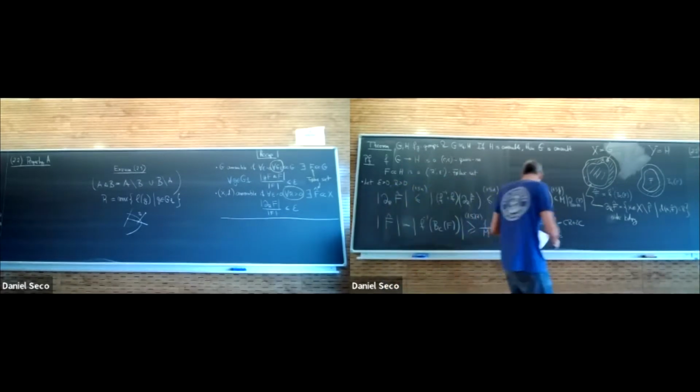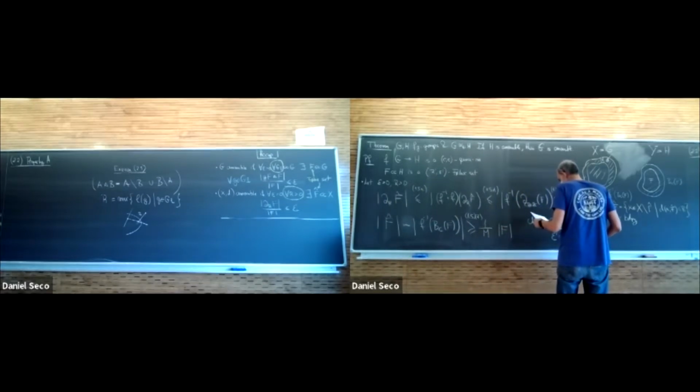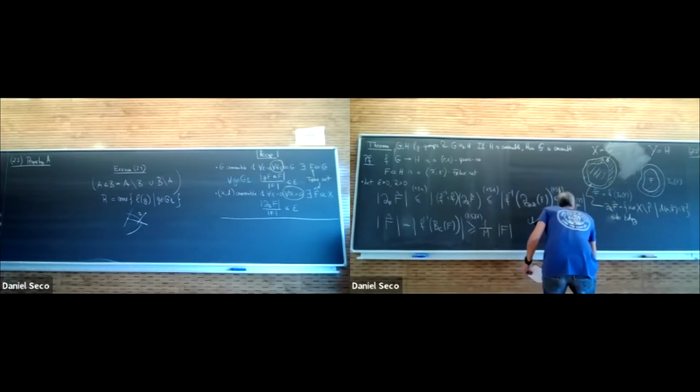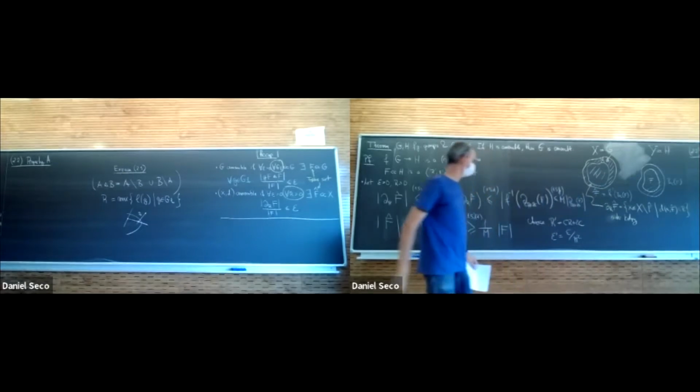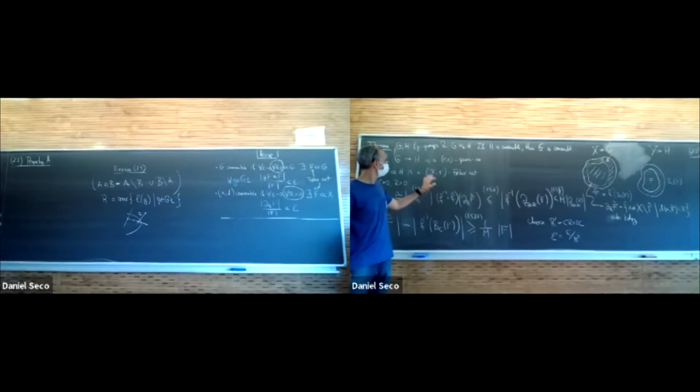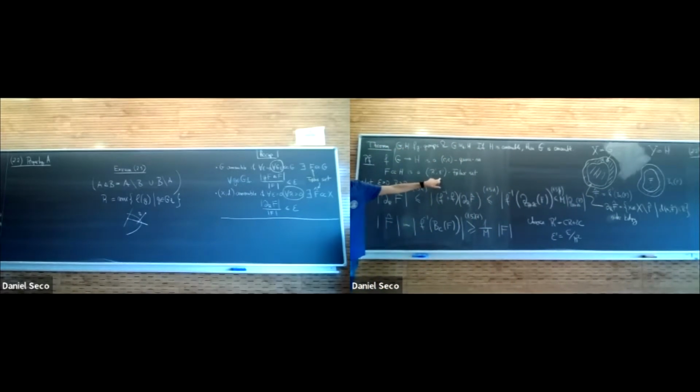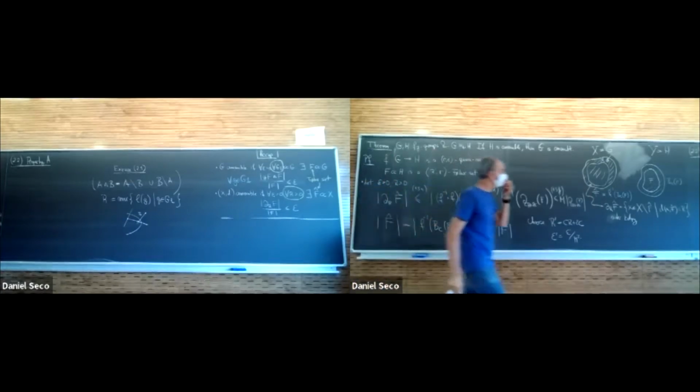I just have to take epsilon over m squared in my original choice of Følner set, which I have the freedom to do. Okay, that's the proof.